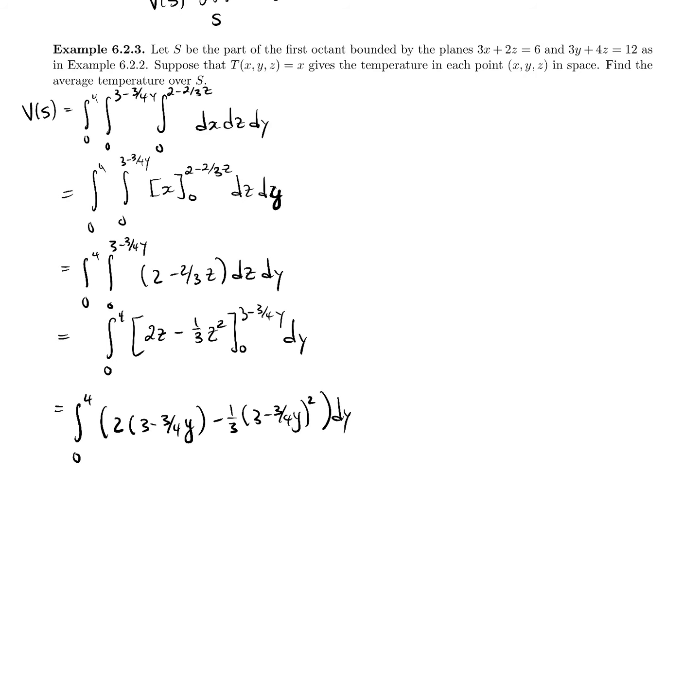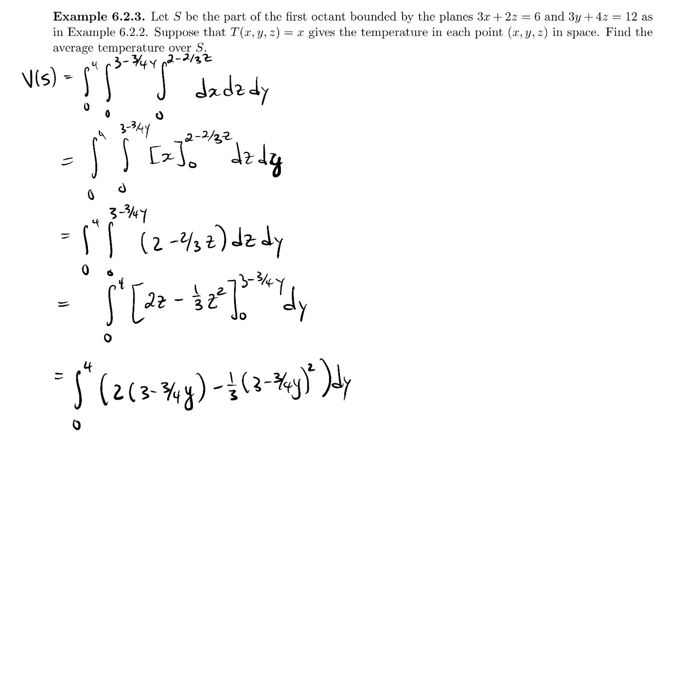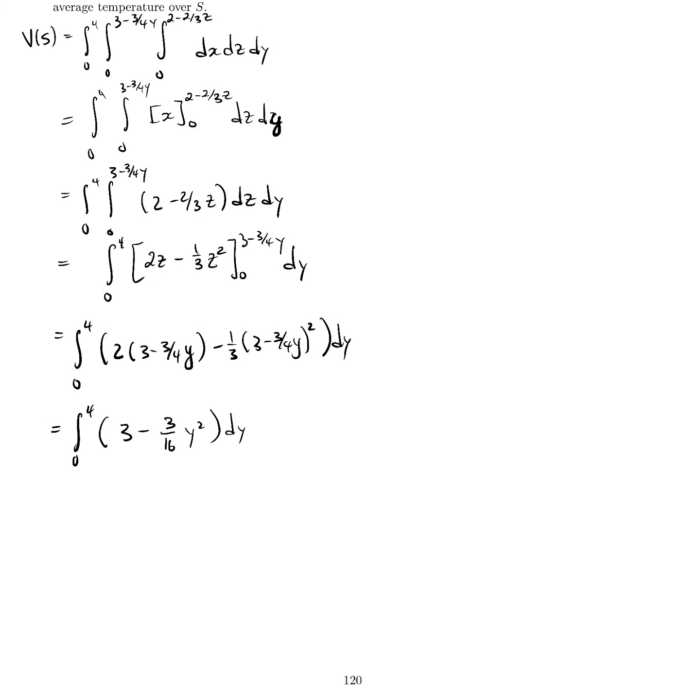Now this algebra is something I'm sure that you can do. We're not going to waste any time doing it here. I've done it on the side. This is going to reduce to 3 minus 3/16 y squared dy, which again I need to anti-differentiate. So 3y minus 1/16 y cubed, which is going to go from 0 to 4.